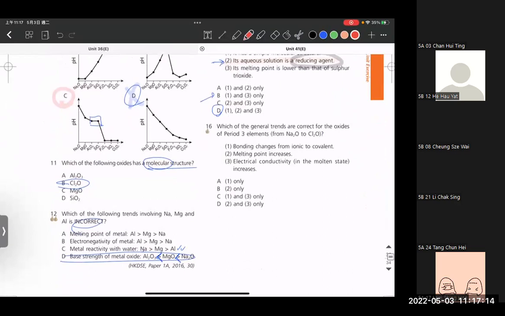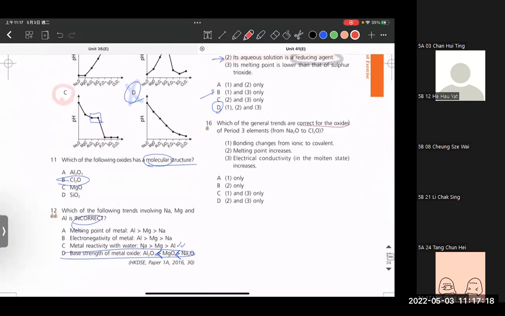Question 16, the answer is correct for that purified oxide. This is correct. Melting point increase must be wrong. The lower melting point oxide can be found on the right hand side. Electrical conductivity increases?